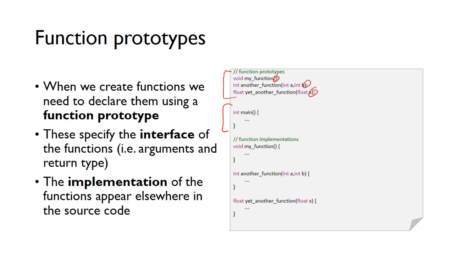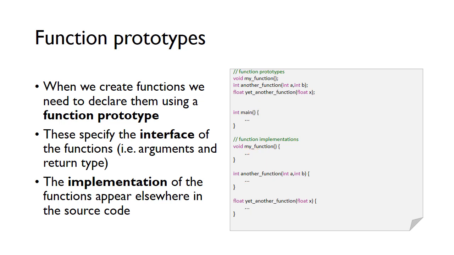And then we've got the implementation of these functions. You can see this part is exactly the same as the prototype, except we've not got the semicolon now, and then we've got open curly braces and closing curly braces. The lines of code belonging to that function will be inside here, and the same for these others.